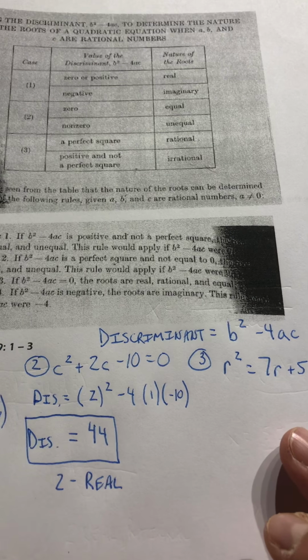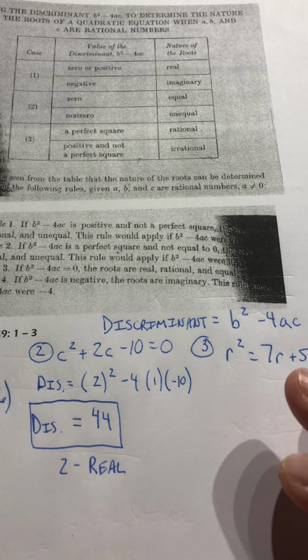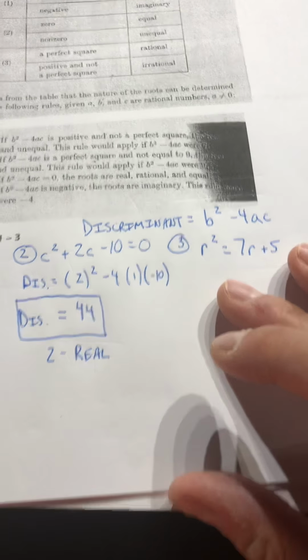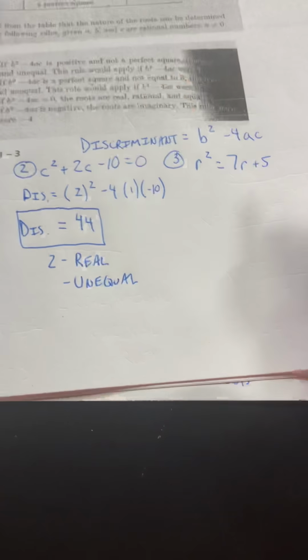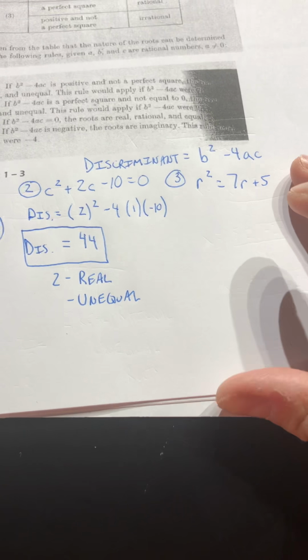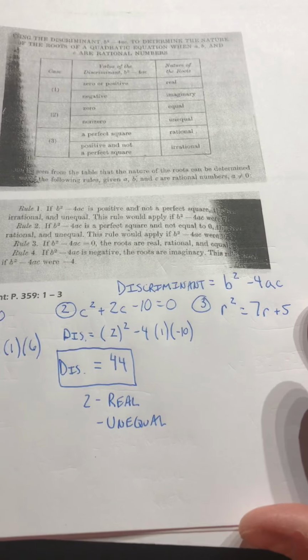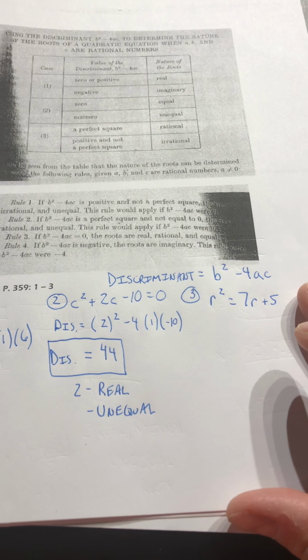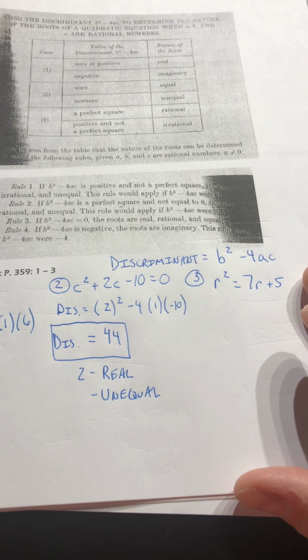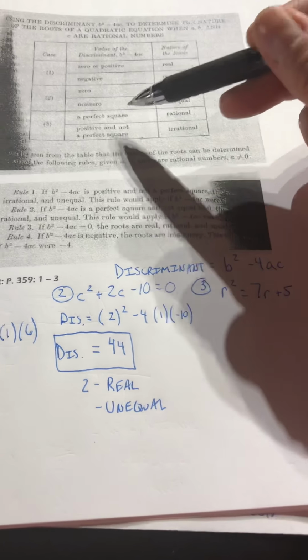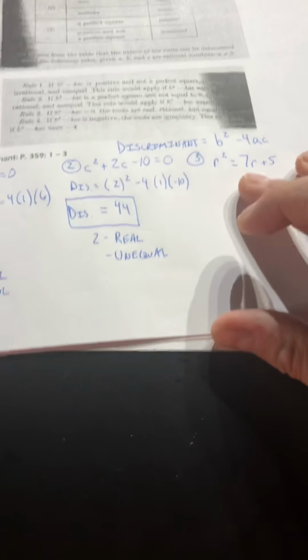Is 44 0 or non-zero? Well, obviously 44 is non-zero. So it's unequal. And then we look at case 3. Is 44 a perfect square? No, it is not. If you plug in your calculator, you get a decimal answer. So therefore, it is a non-perfect square. So it is positive non-perfect square, so it's irrational.